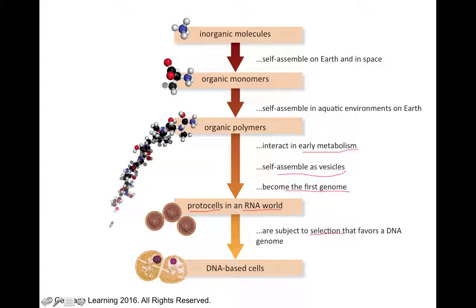And next thing you know, he's replacing all his uracils with thymine, and boom, DNA. And then the DNA cells are way better than those RNA protocells, so goodbye to you, hello to you. And we get a brand new world of DNA-based cells. And from there, the sky's the limit, because we can do anything now, like grow and reproduce and stuff. So that's the idea.